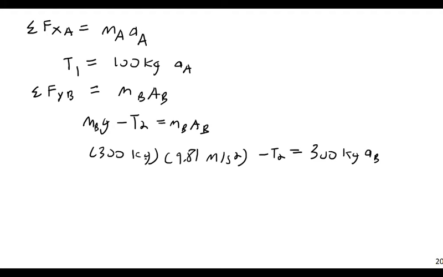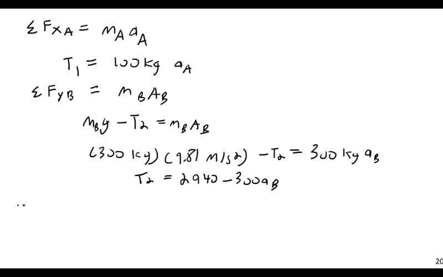Or this could reduce to T2 is equal to 2940 minus 300 AB. So I have one equation, T1 equals 100 AA. I have T2 equals 2940 minus 300 AB. And so then I can keep working through some of the rest of this.